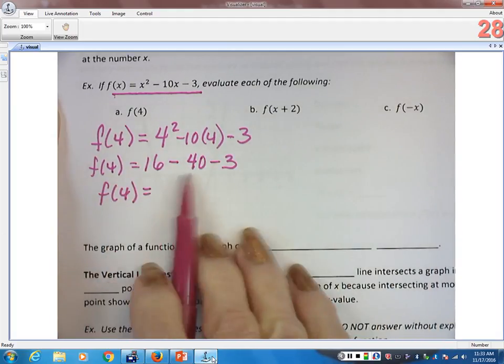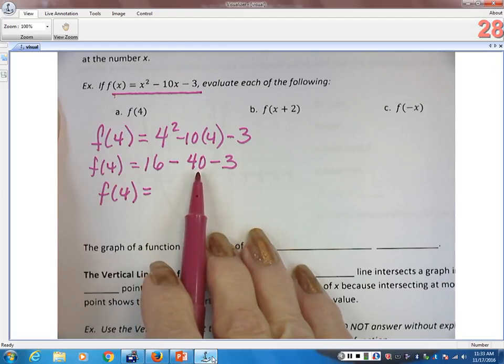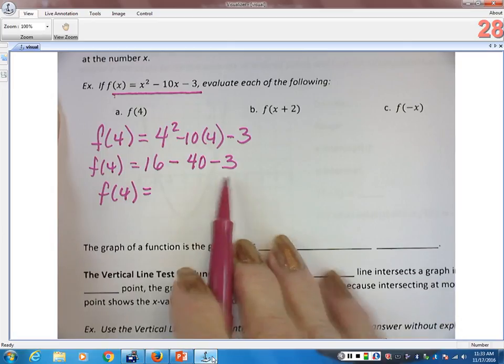And 16 minus 40 is negative 24. Negative 24 minus 3 should be negative 27.